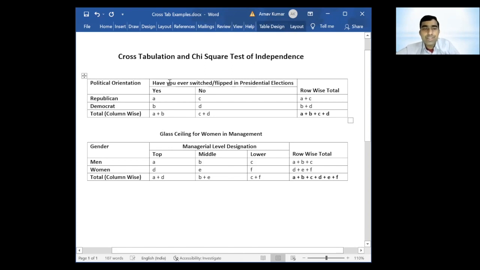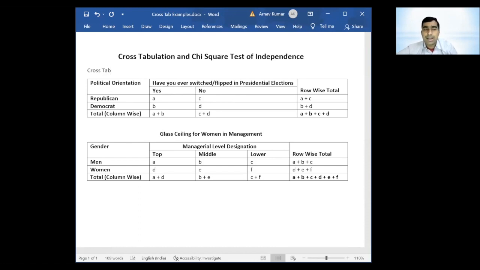And we asked, have you ever switched or flipped sides in a US presidential election? Yes or no. So we just asked two questions, and then we can create this kind of matrix. This matrix or table is called a cross table, or popularly a cross tab.